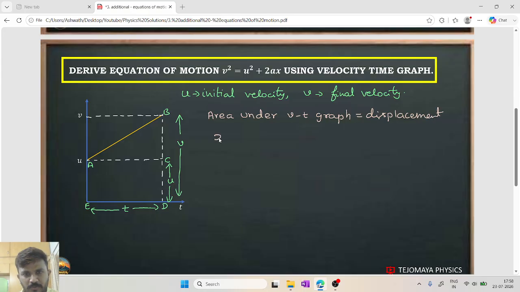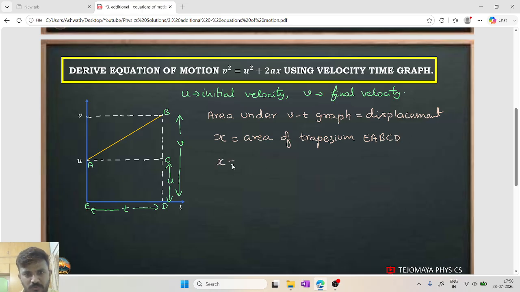So the displacement x is equal to the area of this graph, that is the area of the trapezium ABCDE.